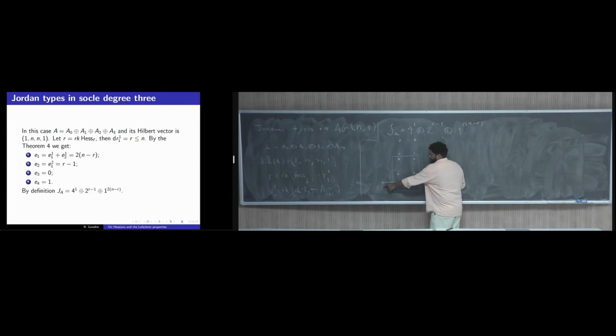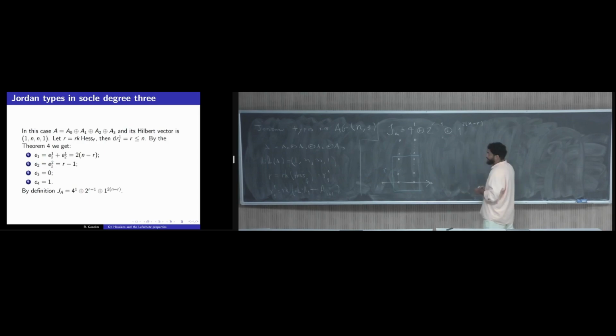So here we have r potential strings of length 2, which is the rank of the first Hessian.